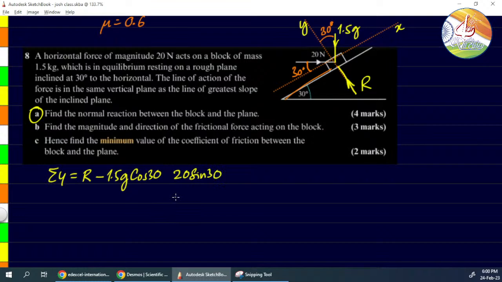Positive or negative? Think a little. You see the force is like this and we have two components in these directions, right? Because our force is coming towards a point, the components will also come towards a point now.